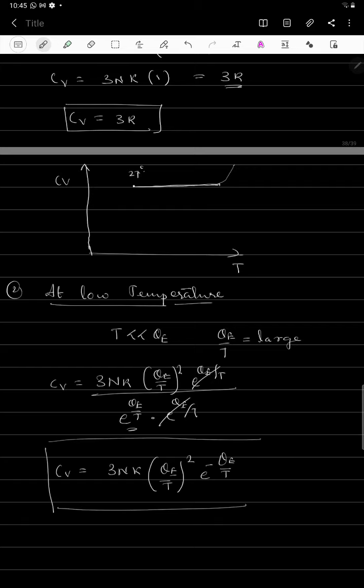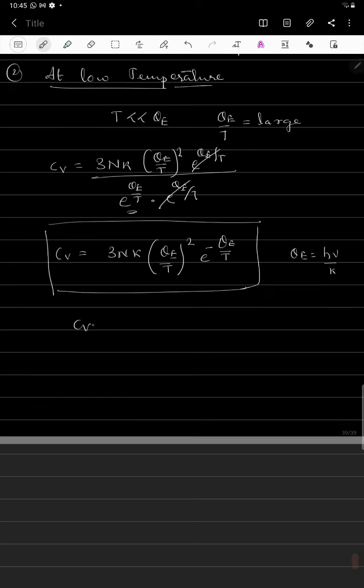So this is the expression for the lower temperature. And theta e, we know, is h mu by k. It means whatever the Cv is, this Cv is directly proportional to the Einstein's temperature.